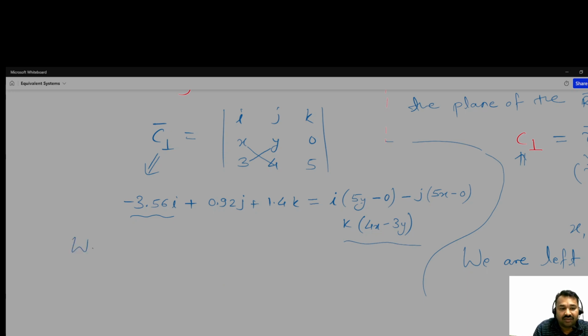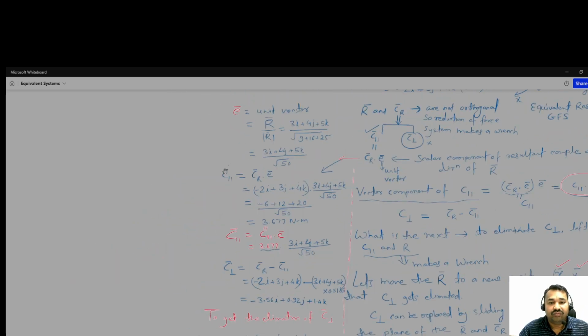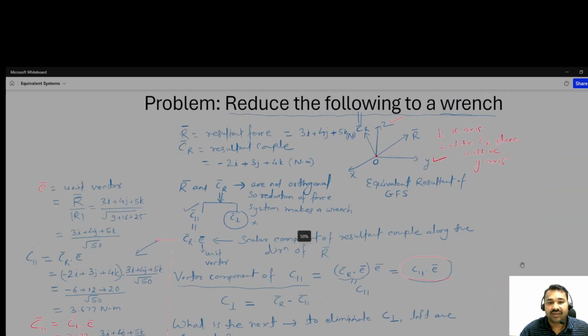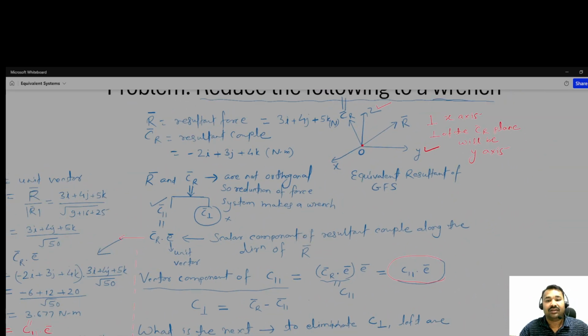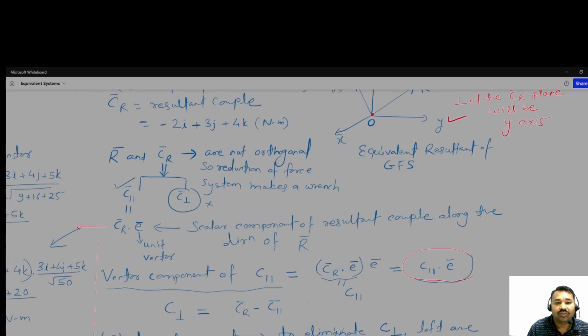What do we get? Already I have told about this. I have written 0.184 meter, and what about the y component? So it is minus 0.712 meter. Okay, so once again, how we got it? So I'm going to summarize quickly. Okay, so as we have the resultant force and the resultant couple, then we know how to resolve the resultant couple into two parts.